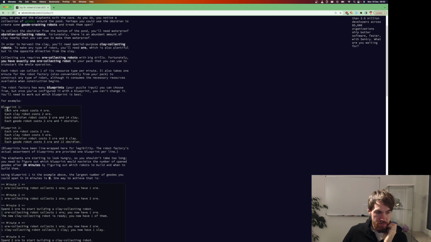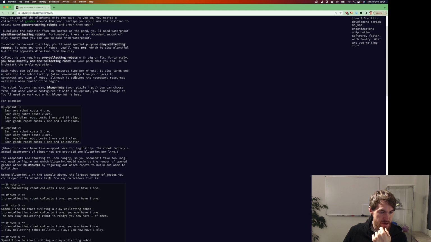Okay, so we have certain blueprints. Looks like we're doing a planning problem today. Each robot can collect one of its resource type per minute. It also takes 1 minute for the robot factory to construct any type of robot.